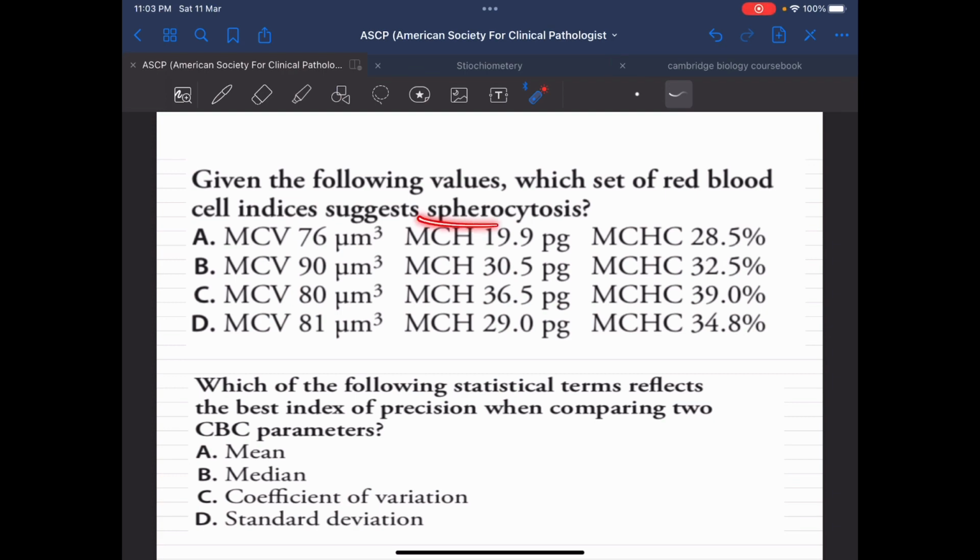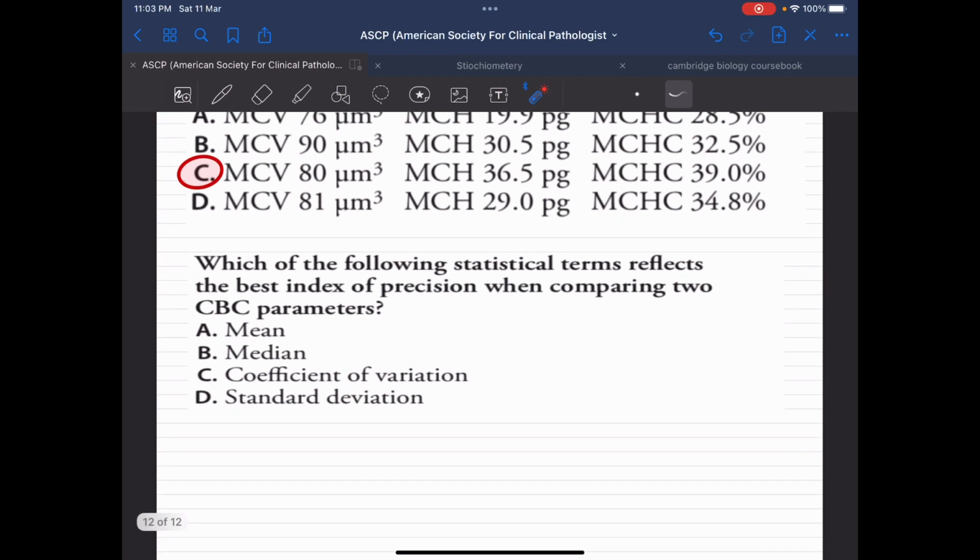So spherocytosis is an increase of MCHC, because the normal is from 32 to 36. So answer C is the correct one, because here MCHC is 39, which is high.